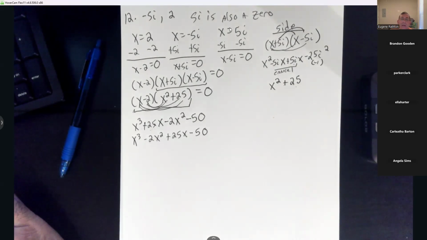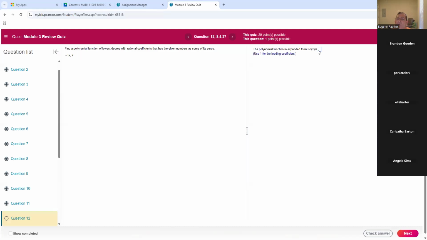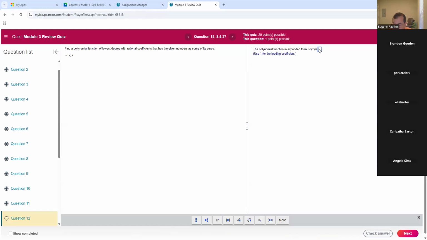Because it should say the polynomial is, and let's see. Yeah, so see, they say the polynomial in expanded form is f of x equals x cubed, so x exponent 3, arrowed over.